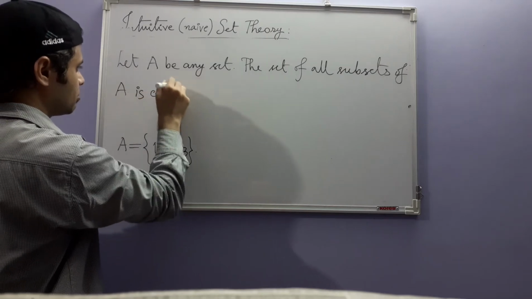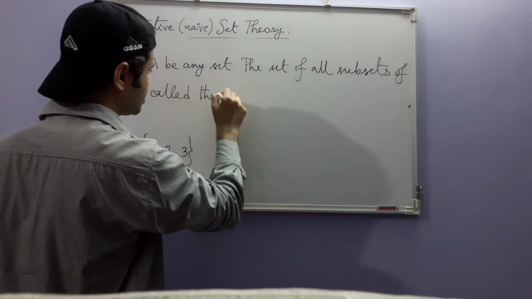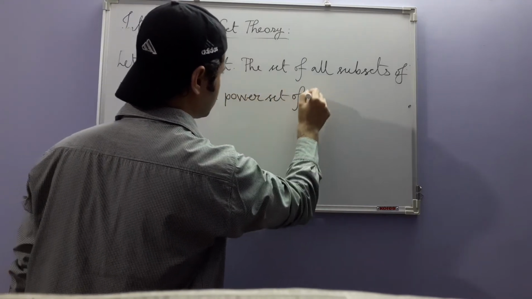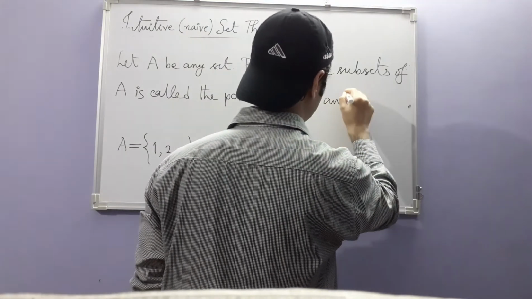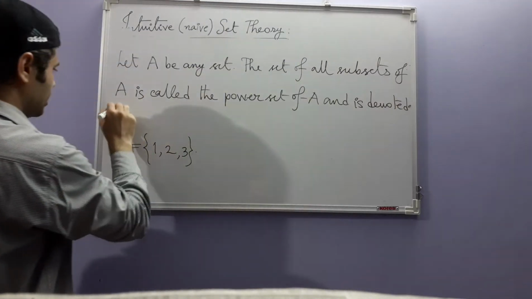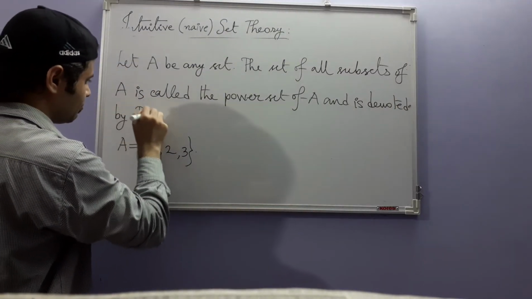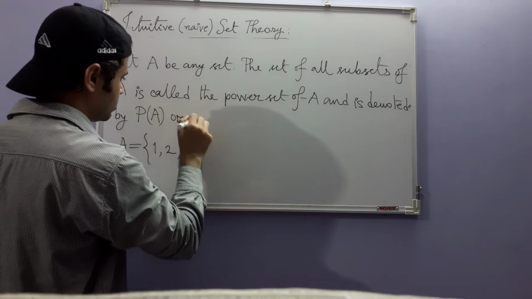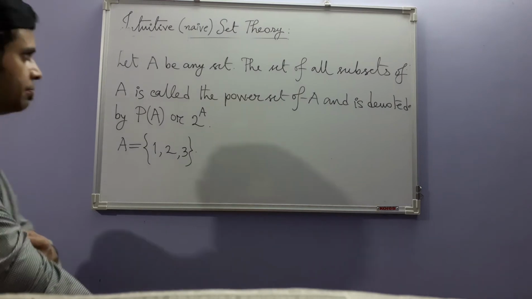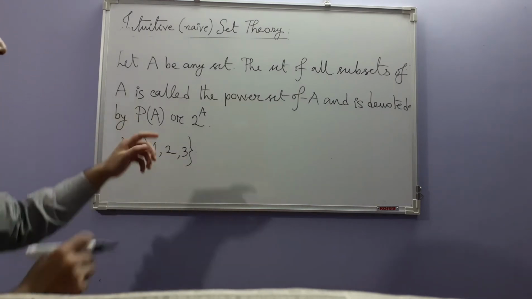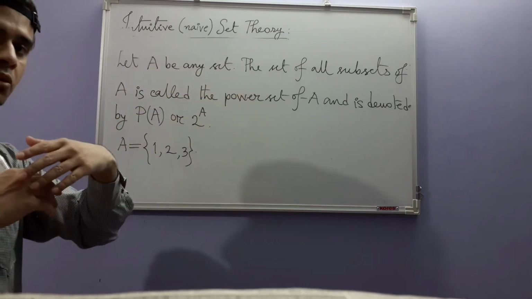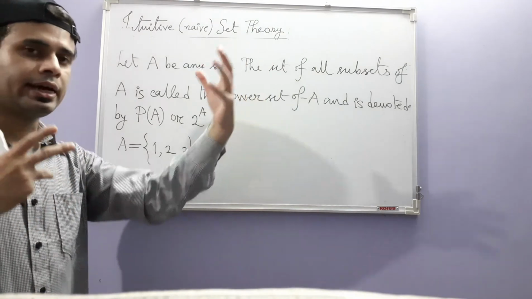is called the power set of A, and is denoted by P(A), or this peculiar symbol 2 to the power A. Now, this is a new definition. So if a set A is given, then you consider all the subsets of A. Take that collection.